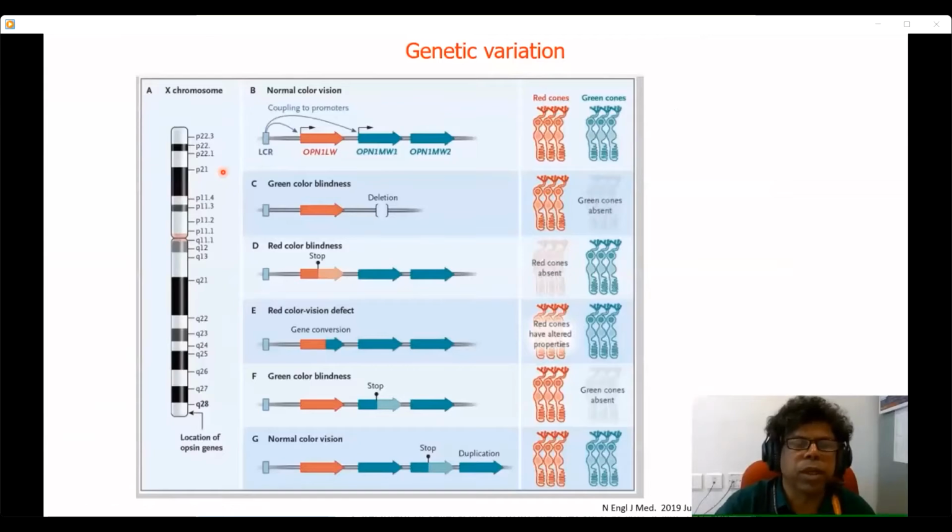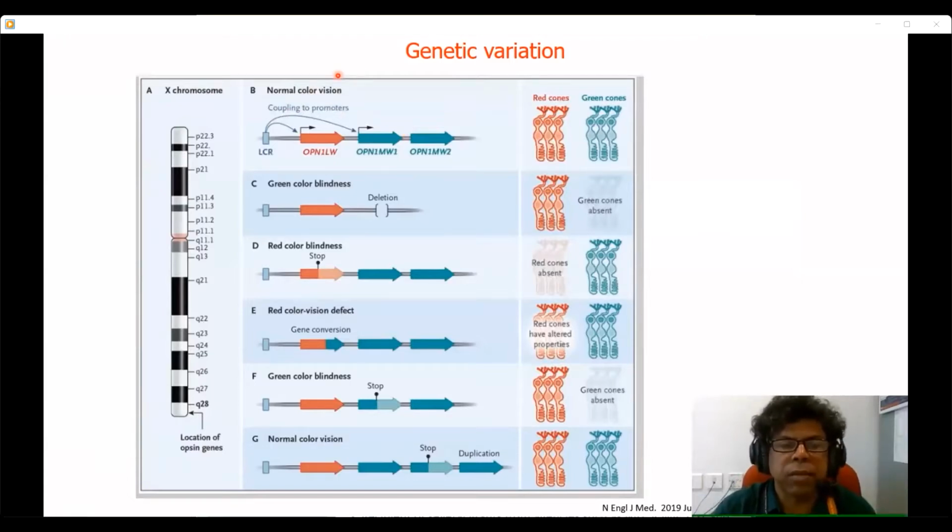Now I'm going to talk about how genetic variation leads to genetic disease. This is a simple example I'm trying to explain here. There is a gene called opsin, which is present on the X chromosome, located at the Q arm, Q28. This gene is important for normal color vision.